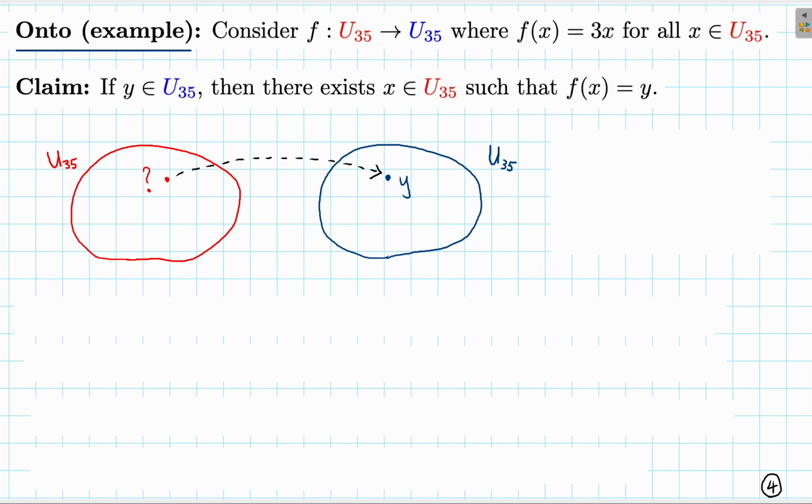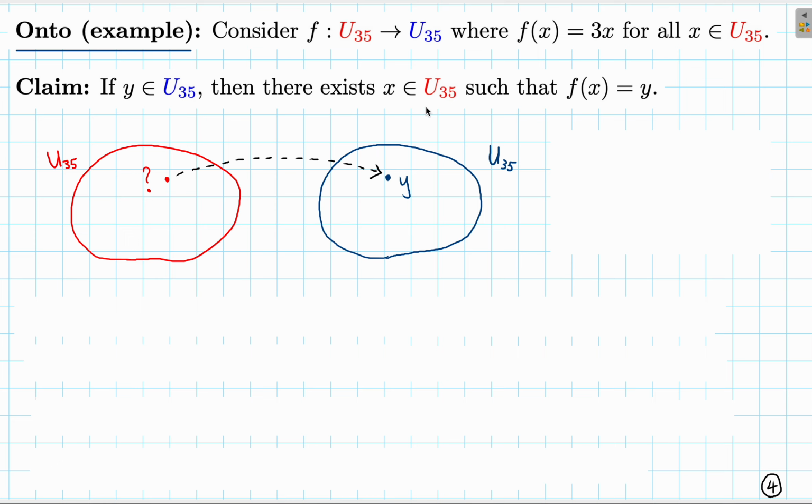Now here's another fact that we proved about our function f, namely, if y is in the codomain U35, then there exists some x in the domain U35 such that f of x equals y. And so the key here is that the element y in the codomain is chosen first.